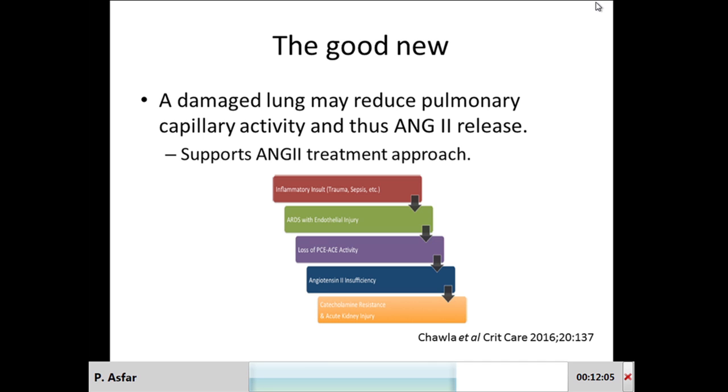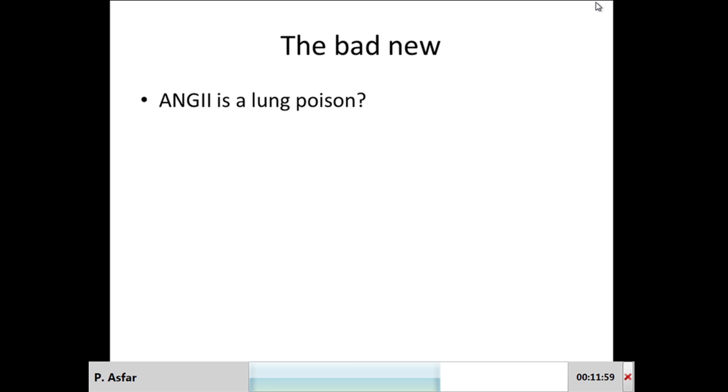Therefore, there is a strong rationale to infuse angiotensin II. The bad news is that angiotensin II is maybe a lung poison. Maybe it has a very strong effect on vascular constriction, but it has its own peripheral toxic effect on tissues and especially on the lung.